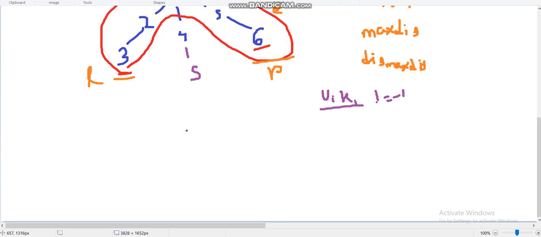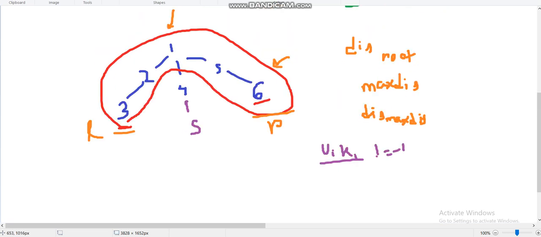Let me explain it again. Let's say distance of 2 from 4. The nodes at distance 2 from 4 are 2 and 5. Node 2 exists in the path from L to 4. The path from L to 4 is 3 2 1 4. So the answer will be 2 here.